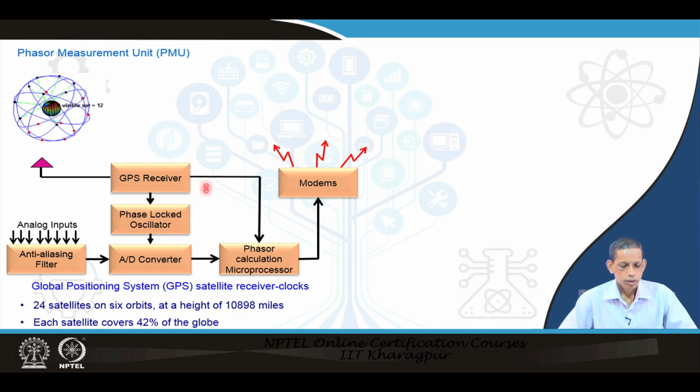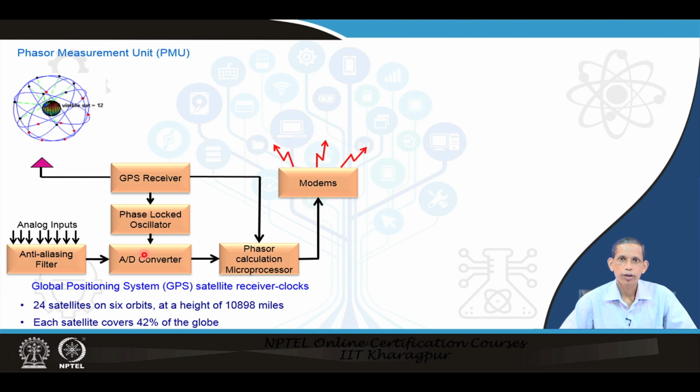So, a PMU is just like a relay device, a numerical relay kind of thing. It has analog inputs, anti-aliasing filters to avoid interference from high frequency components, then the A to D conversion process. So, this analog to digital conversion gives us these samples, as you know.